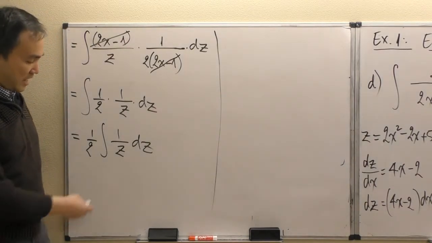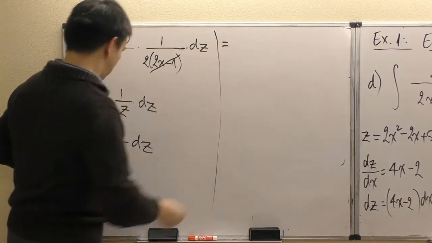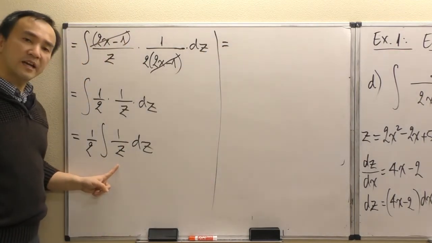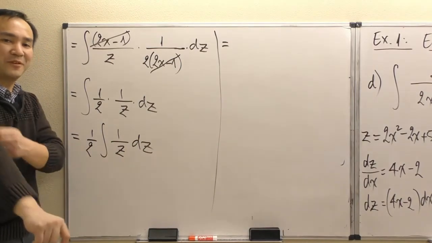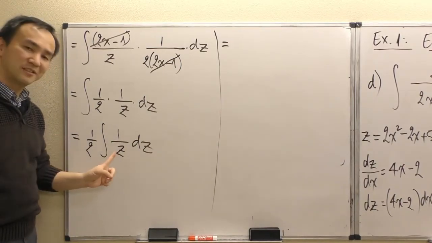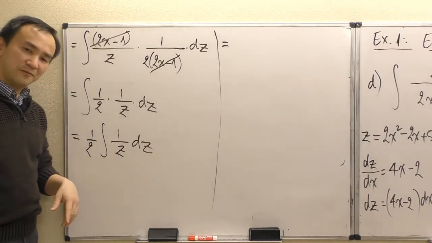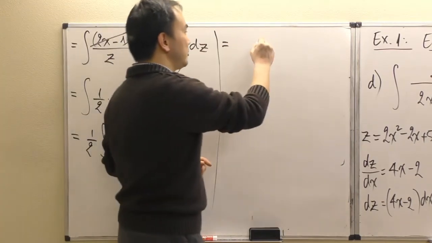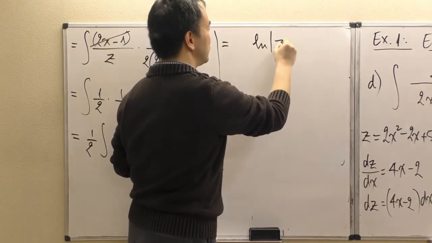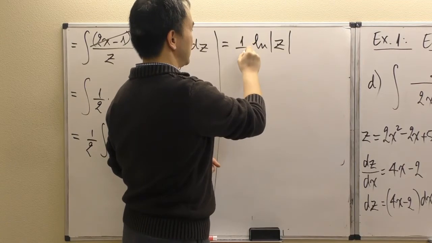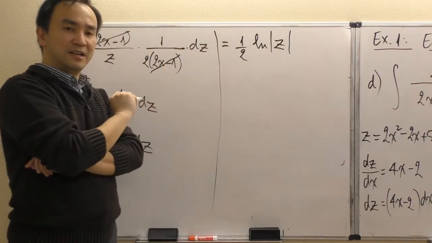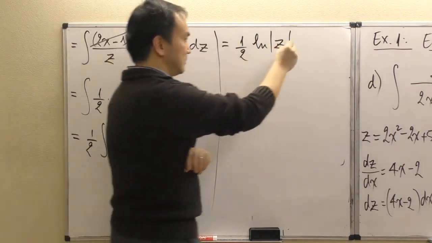The answer now, and this is a matter of how much you remember from the lecture I delivered about this specific function, is just 1/2 times the natural log of the absolute value of z, plus c.